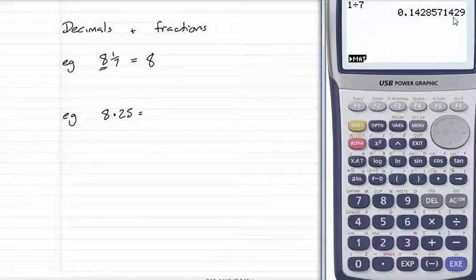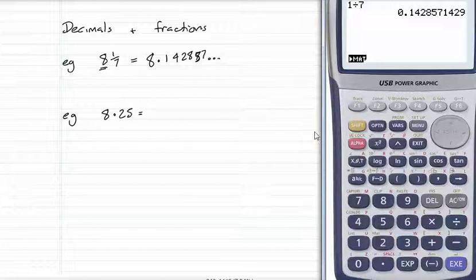This is a tricky one. This actually is a recurring decimal, but it's a bit hard to tell. It looks like it just goes on forever, but we can see a pattern forming. So we can say that's 8.142857. But we'd probably learn how to round that. Sorry about my wrong 7 there.